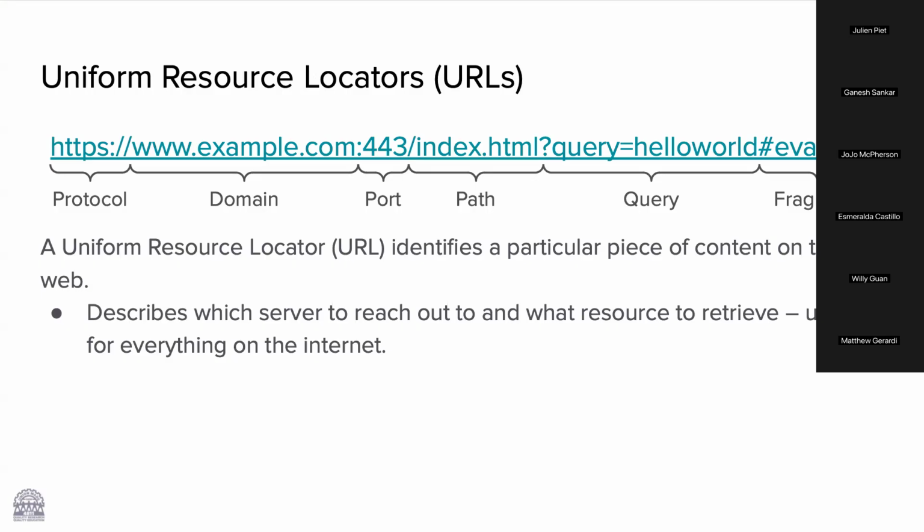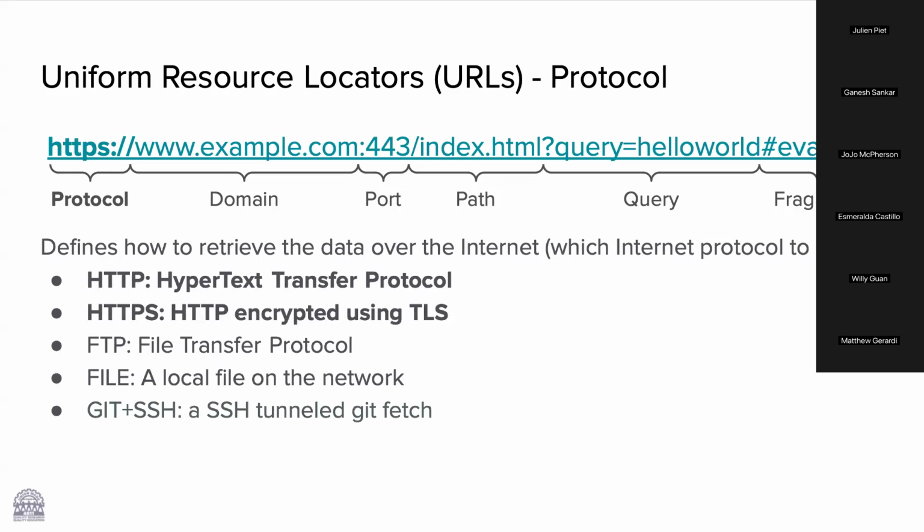This describes everything the server needs to be able to get. HTTP and HTTPS are the most common, but you'll sometimes see FTP, or file if you're opening something local. I've never seen git plus SSH in a URL, but it is possible.